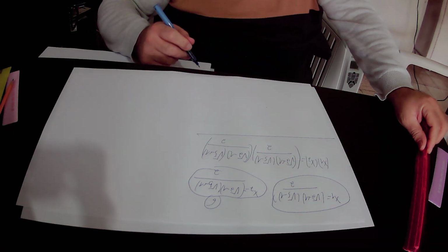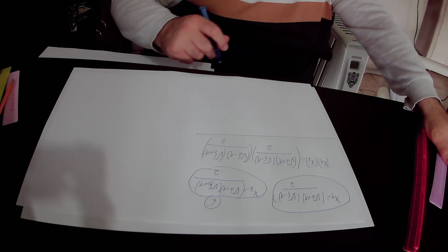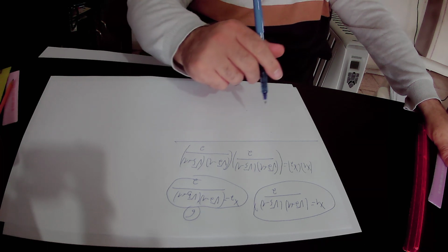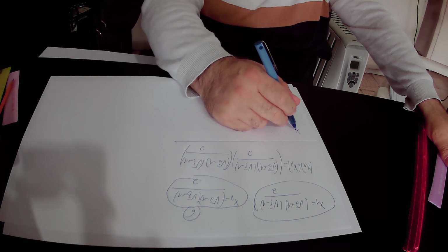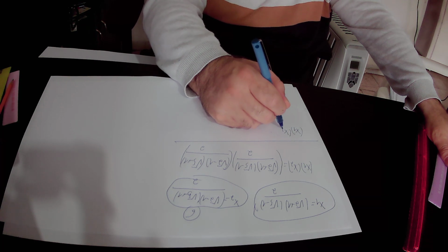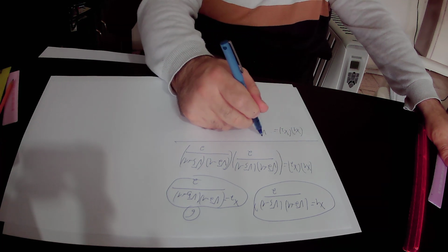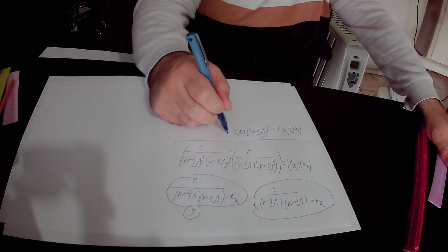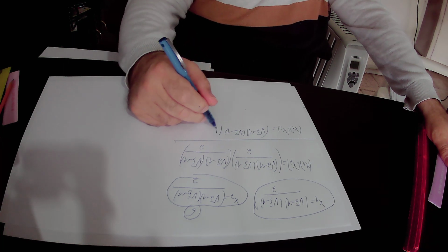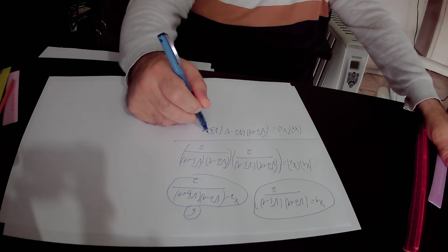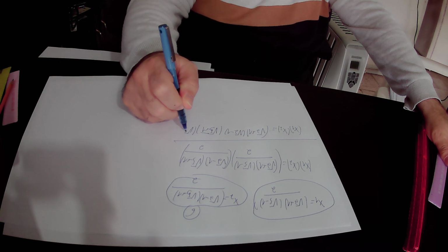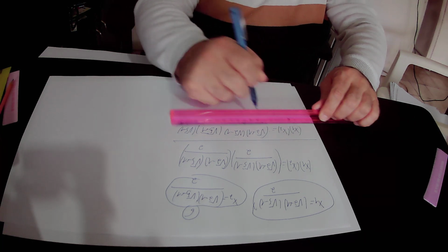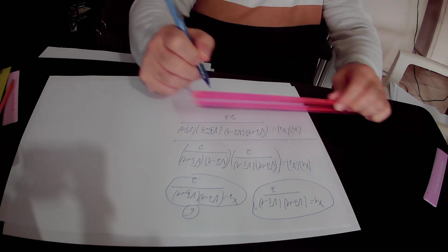So here I will change the order of the expressions, and we will get that x1 times x2 equals square root of 2 plus 1 times square root of 2 minus 1 times square root of 5 plus 1 times square root of 5 minus 1, all divided by 2 times 2.